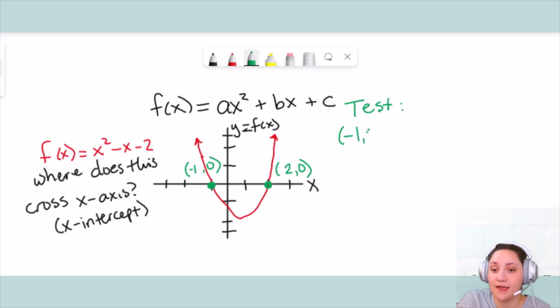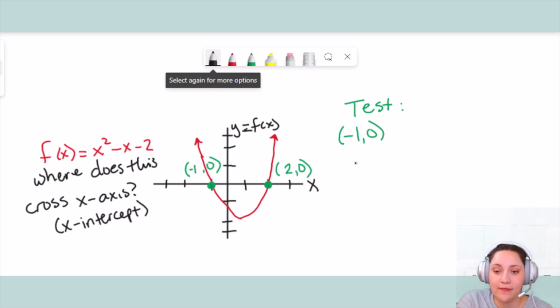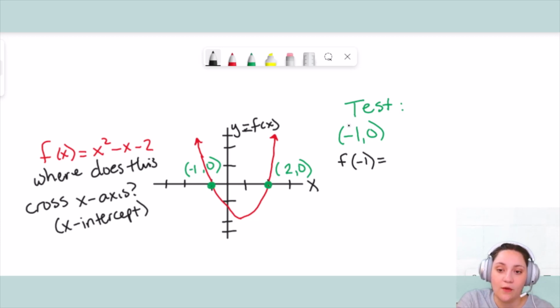So if we check -1, 0, let's plug that into the equation that we're given. So I'm going to erase our standard form here because we don't really need that right now. So if we have f of -1, we're putting in -1, and it should give us back 0.